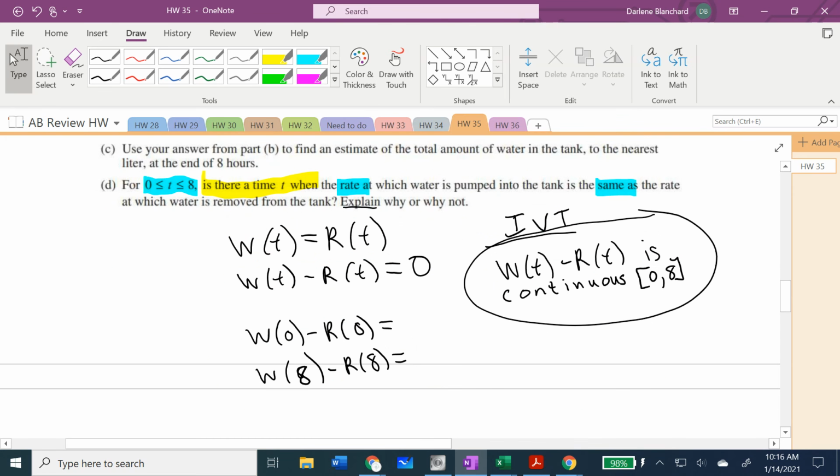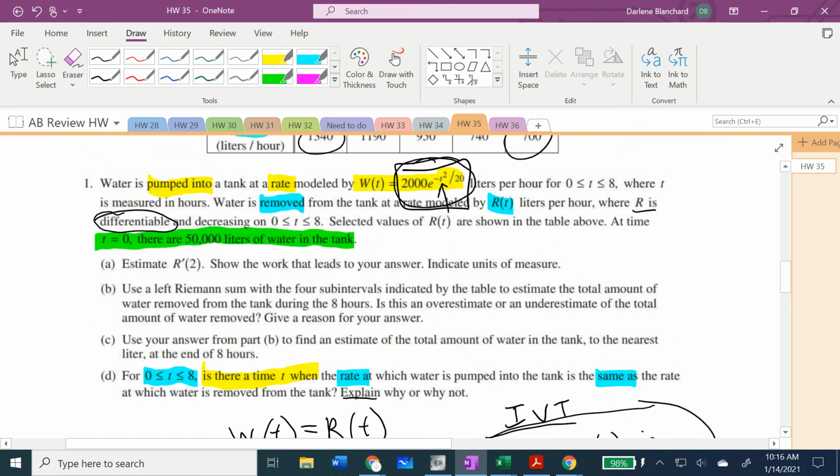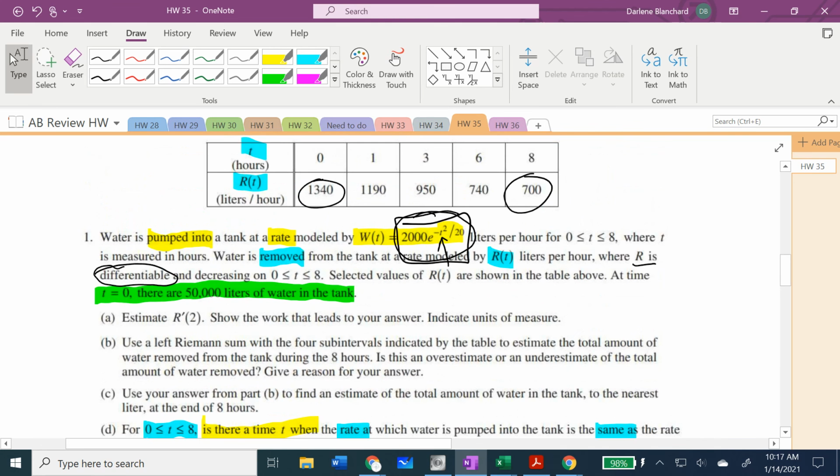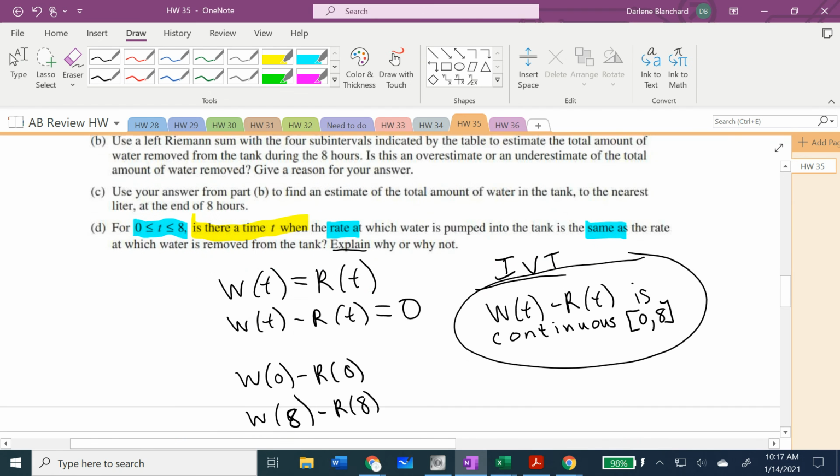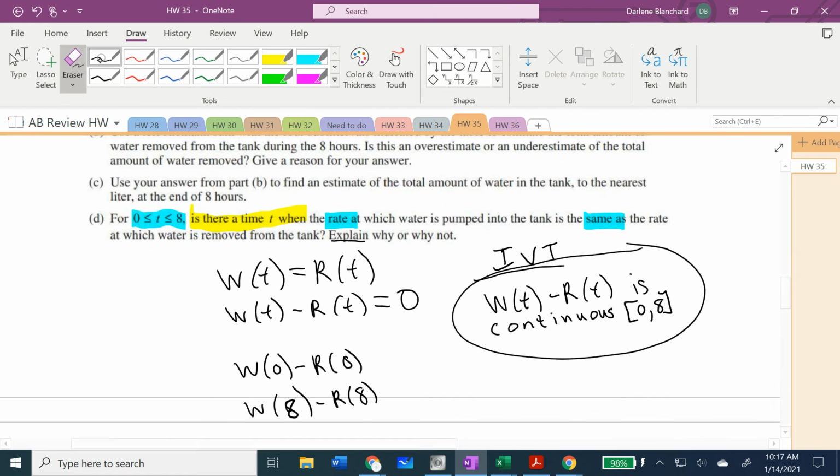But when I'm looking at the way the AP test wrote its answers, all they did was determine which of these was positive and which one was negative, because that's what intermediate value theorem cares about. And so if you compare the calculator number you got for W of 0 with 1340, you are going to find that the W function is bigger. And if the W function is bigger, then this is positive.